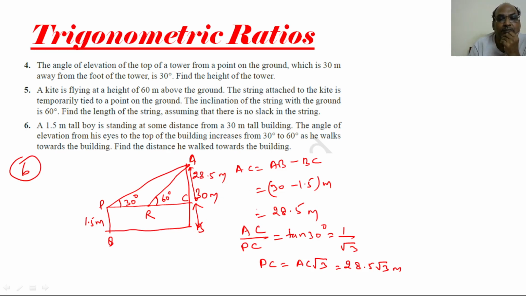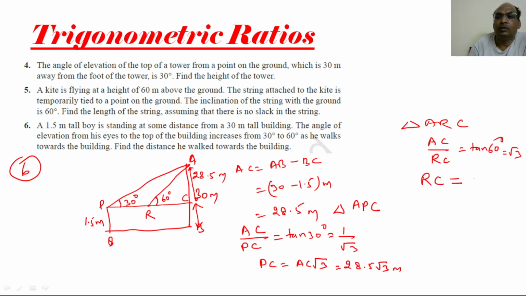Now this has come in triangle APC. Now we will take another triangle ARC. So in this AC by RC is equal to tan 60 degree, which is equal to root 3. Then RC is equal to AC by root 3. AC is again 28.5 divided by root 3.